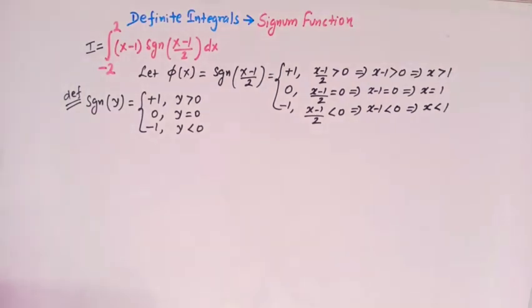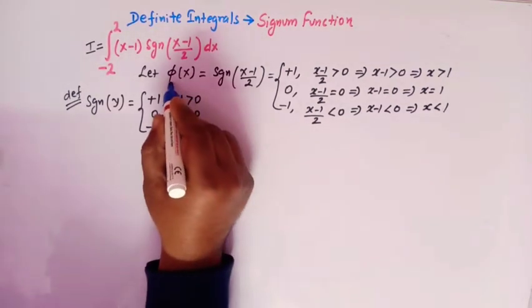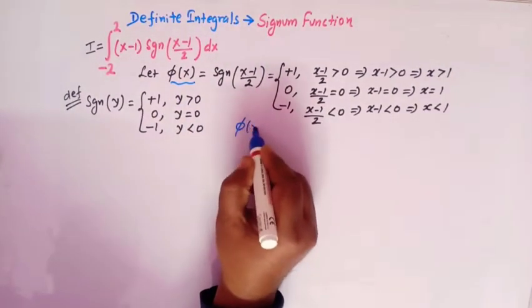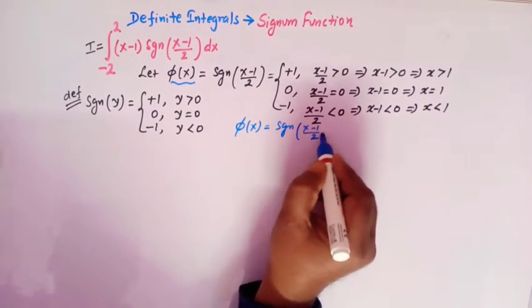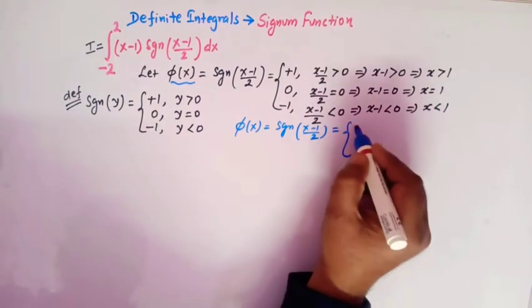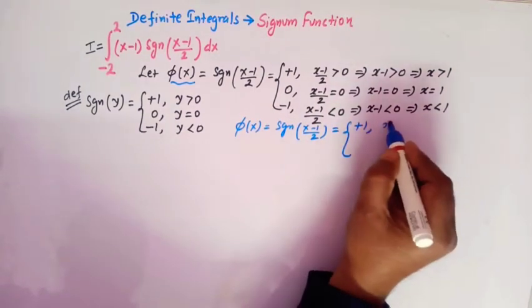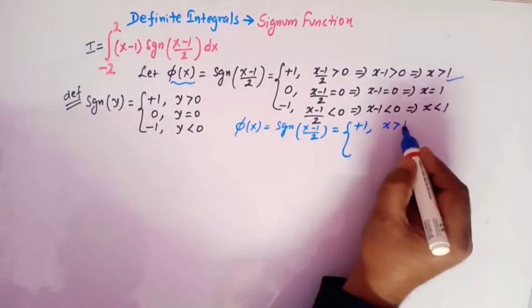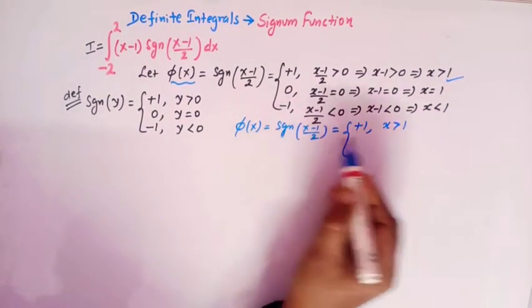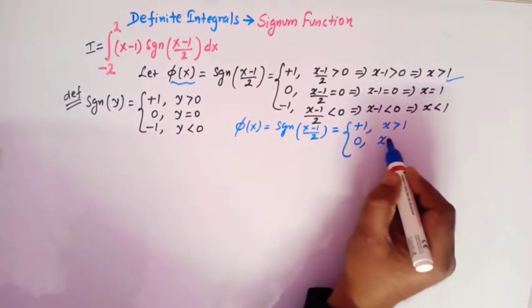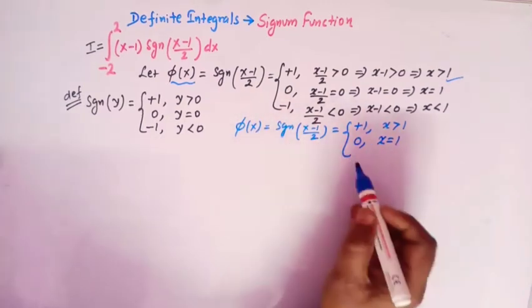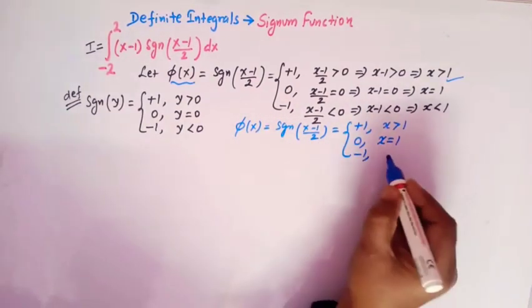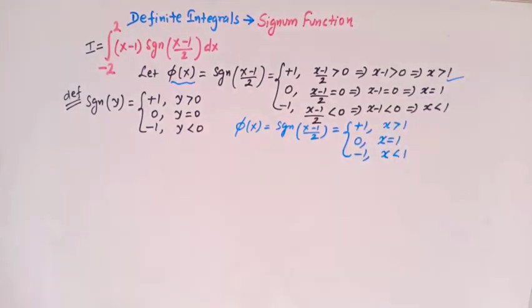So the given function phi of x, which is signum of x minus 1 over 2, is equal to plus 1 whenever x is greater than 1, equal to 0 whenever x is equal to 1, and equal to minus 1 when x is less than 1.